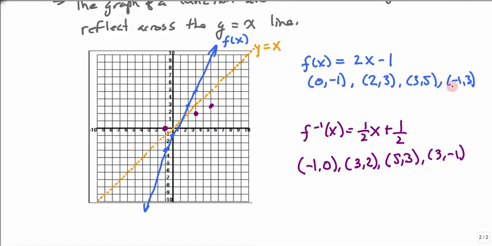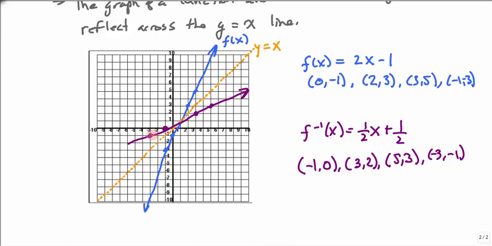Okay, I see this one, and the blue line wasn't -1, 3, it was -1, -3. So there should be a negative sign here. That's this point. So when I swap them, that should be -3, -1. So this had to have a negative sign in front of it up here. Then I can see it reflects across, and I can connect these points.